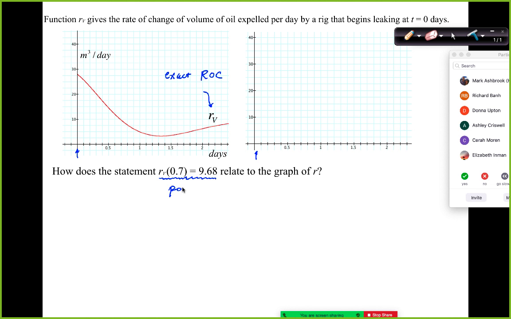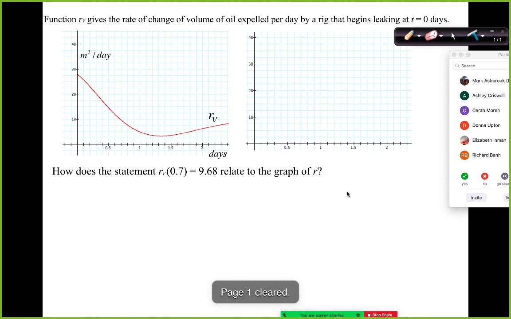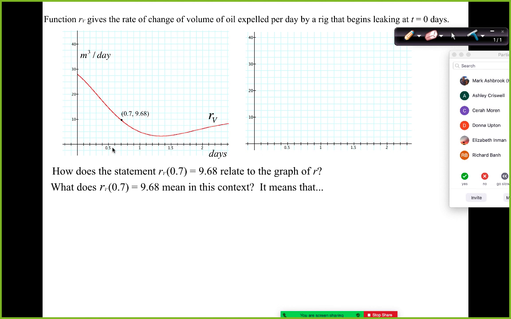Singular, a point. Okay, cool. Yeah, it's a point on the graph, exactly. 0.7 and 9.68. It's this point right here. That point tells us that at 0.7 days, the rate of change is 9.68.